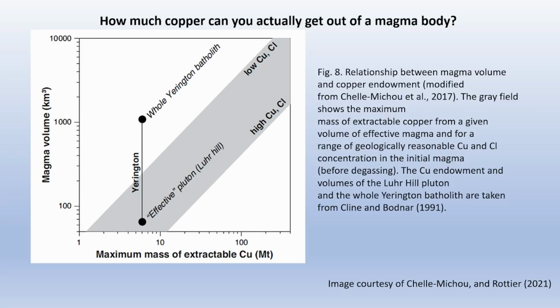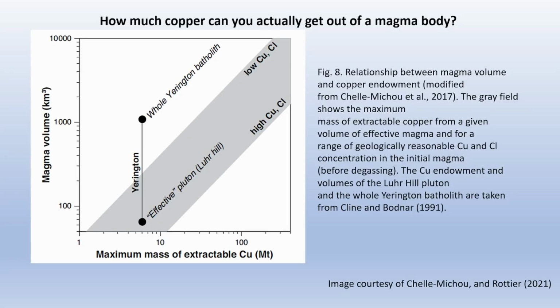On this chart, we've got magma volume on the y-axis and maximum copper mass on the x-axis. They're both on a log scale because we are dealing with huge ranges of values. The big gray diagonal zone, what's that? That's the copper potential zone.